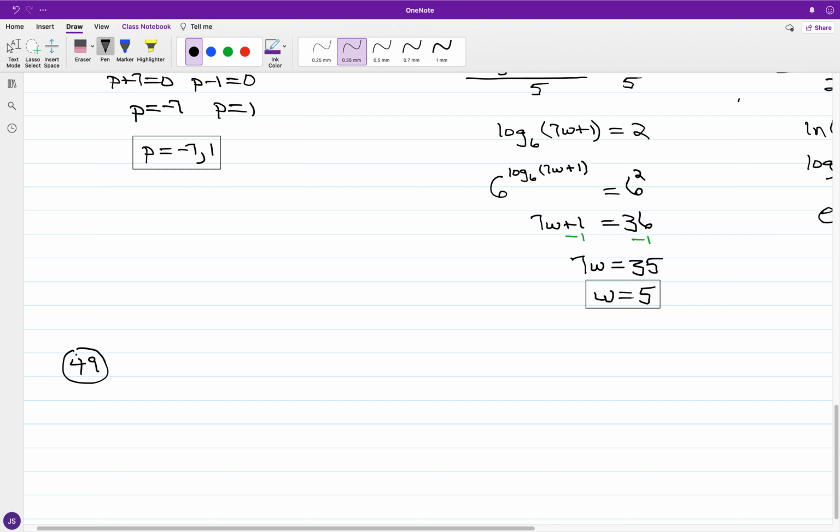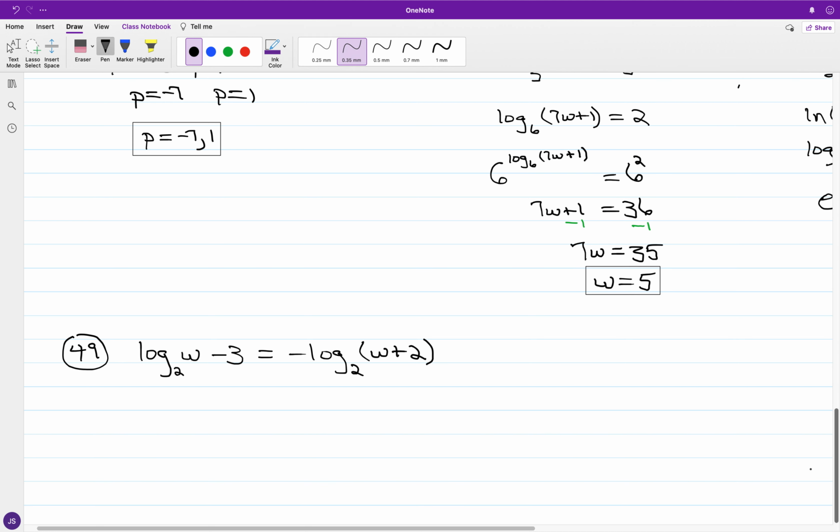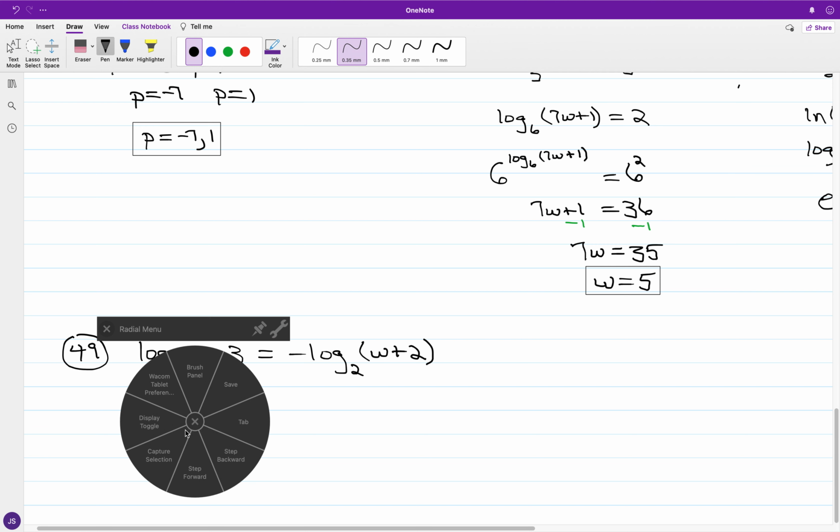Now we have here, in the variable w, the base 2 logarithm of w minus 3 is equal to the negative of the base 2 logarithm of w plus 2. And this is kind of tricky here.